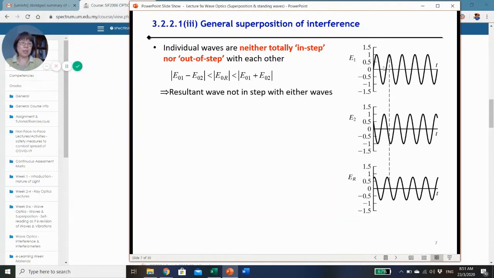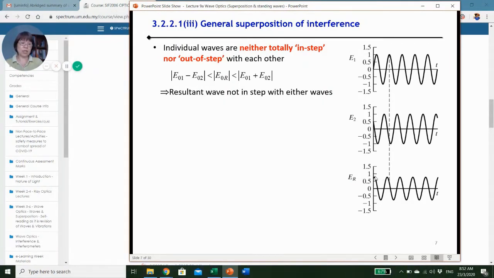And if you look at this peak and this valley here, they also do not align, so they are not totally out of step, so they are in between. So when that happens, the resultant amplitude would lie between the sum of the two individual amplitudes, and it will be larger than the difference between the two amplitudes.